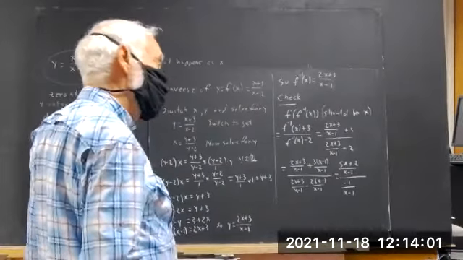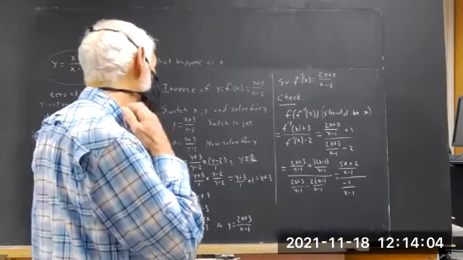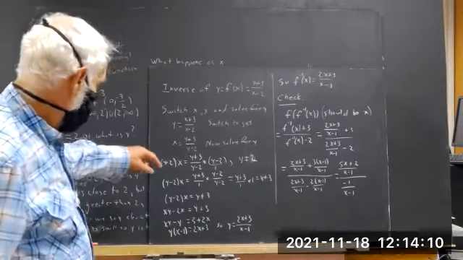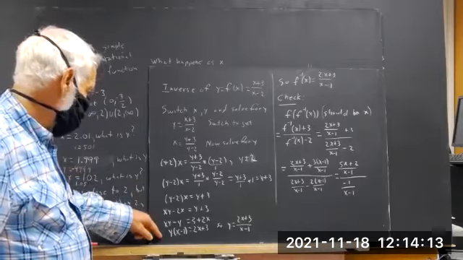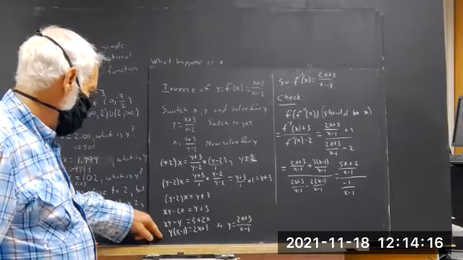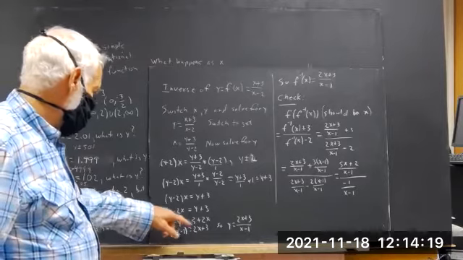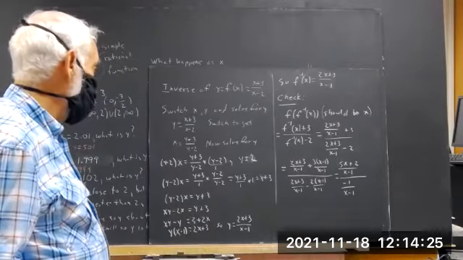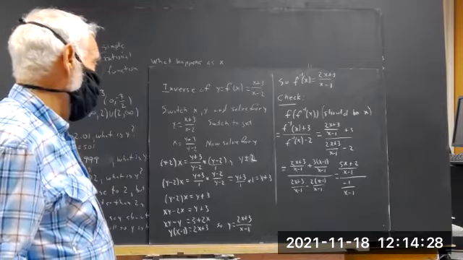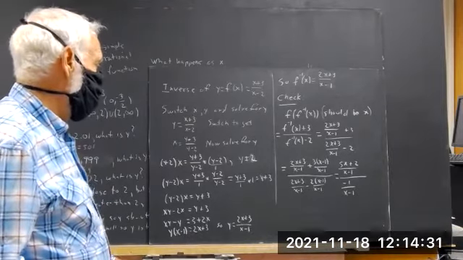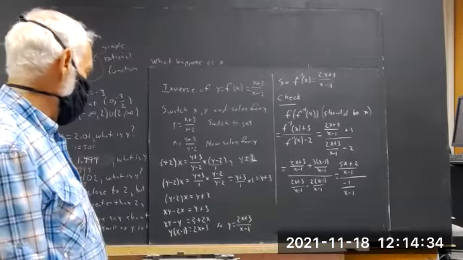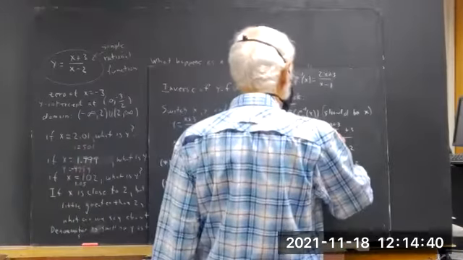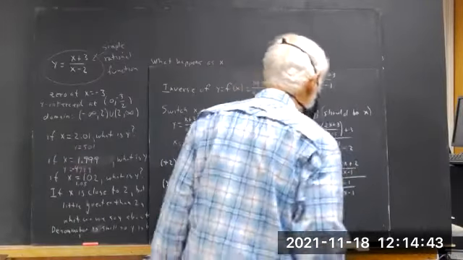And it looks like maybe I made a mistake. This isn't going to work out. Minus 2. You can get 2x here. I should have had a 2 times 2x plus 3 here.